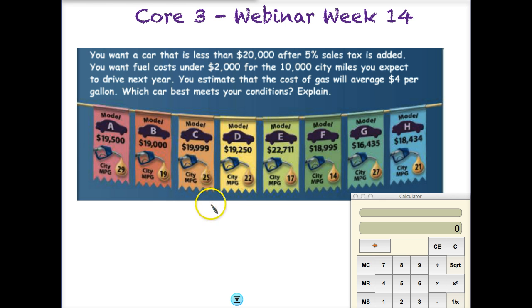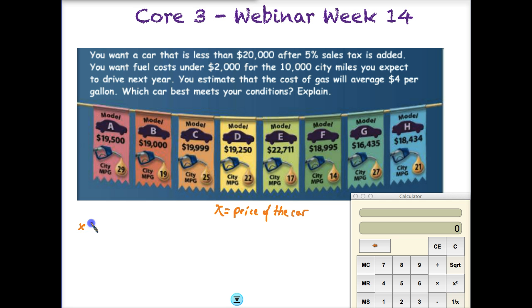So let's go ahead and say that X, we'll use X first, is the price of the car. Okay. So we know that if we take the price of the car and we add 5% sales tax to that, we'll get our total cost.